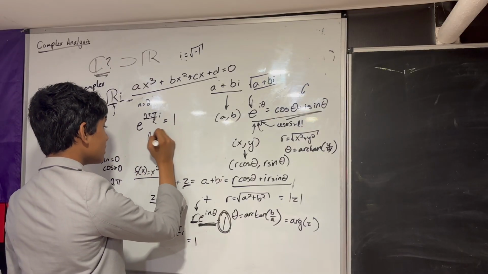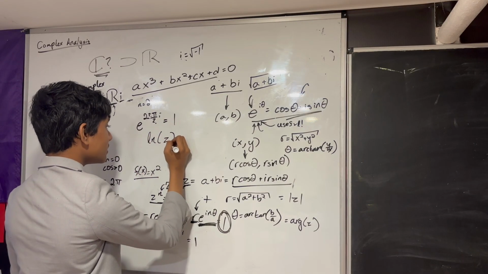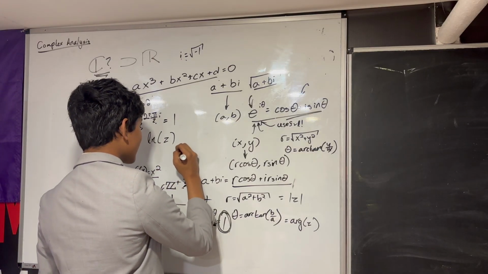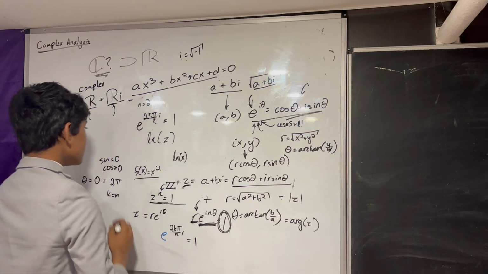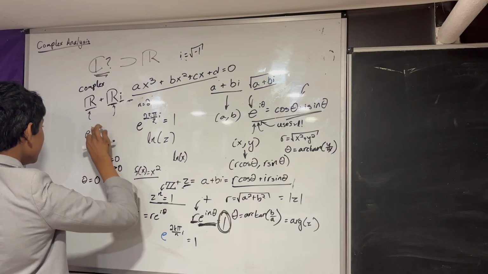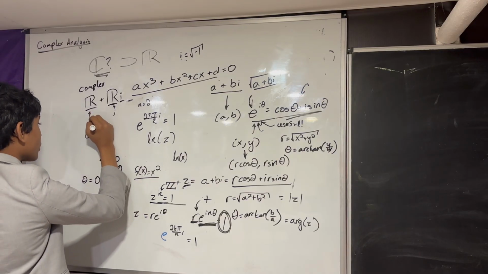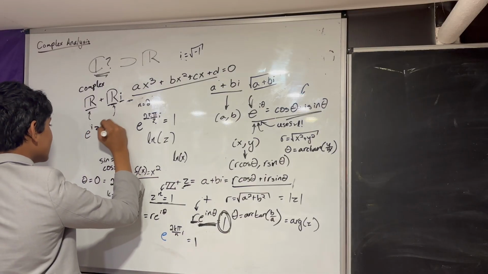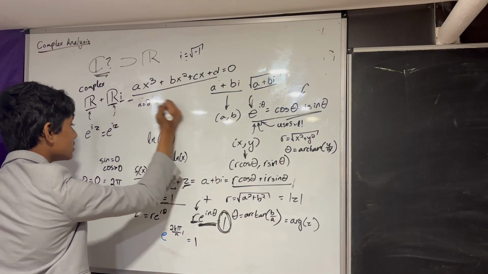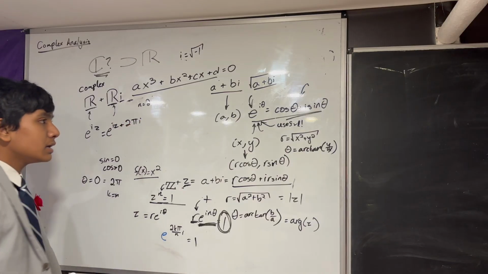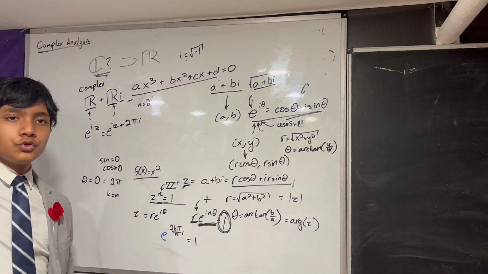But in general, ln of z has so little meaning compared to ln x. Because e to the iz, according to our polar definition, is exactly the same as e to the iz plus 2 pi i, because you're rotating by an angle of 2 pi.